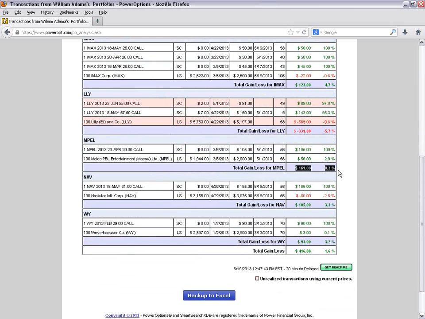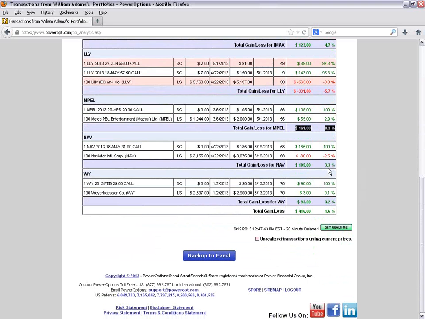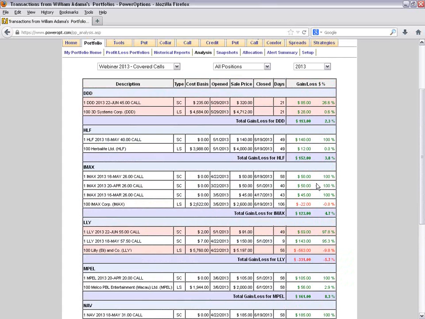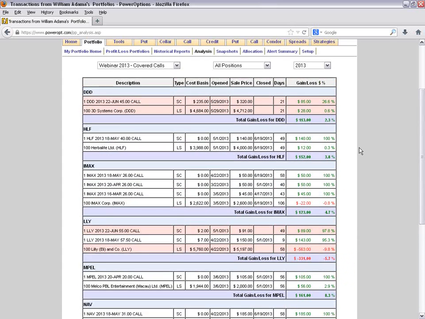MPL, hey, that was a great return, an 8.3% covered call position that got assigned, as was Navistar at 3.3 and WY at 3.2. Now the total gain and loss for all these positions, when you tabulate it up, this is a standard covered call portfolio. This is actually a really good view.